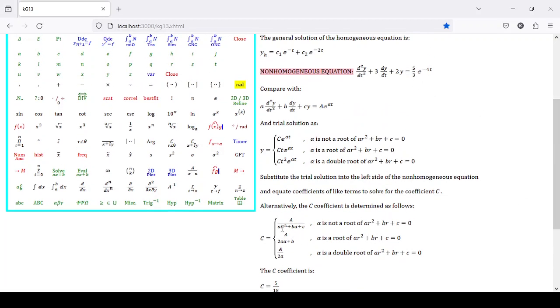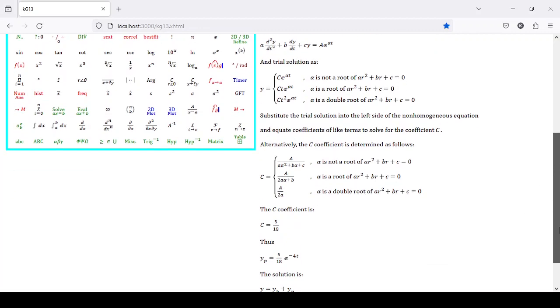We substitute in here small a, coefficient of your second derivative, which is 1, alpha squared. Alpha here in our case is minus 4, so minus 4 squared, plus b, the coefficient of the first derivative, which is 3, times alpha, which is minus 4. So it's 3 times minus 4. And then plus c, which is the coefficient of y, which is 2. Substitute in there, make a calculation, and we find that C is equal to 5 over 18.